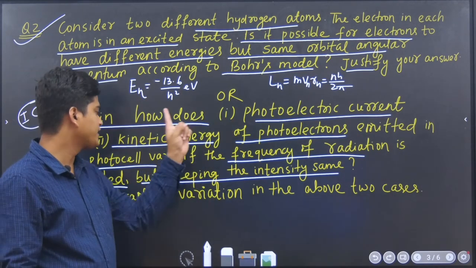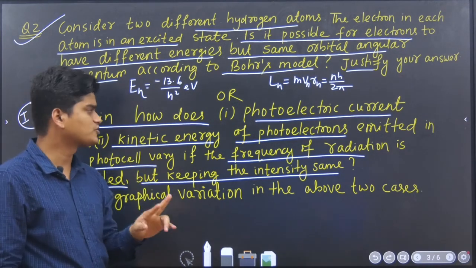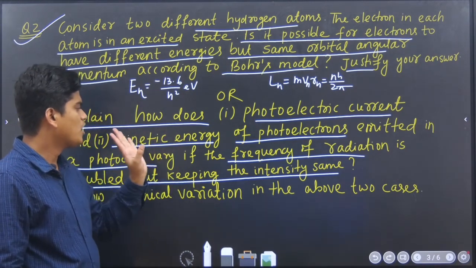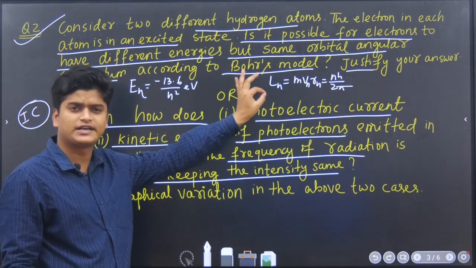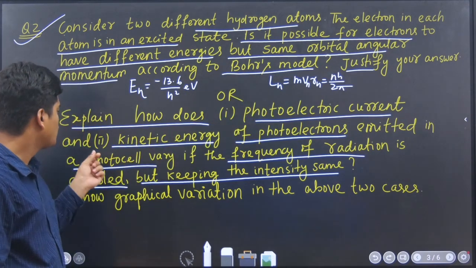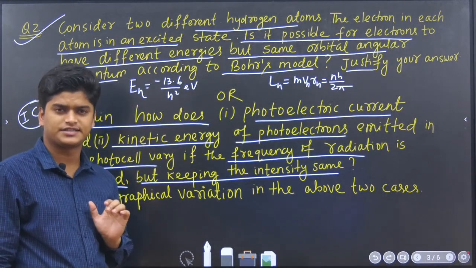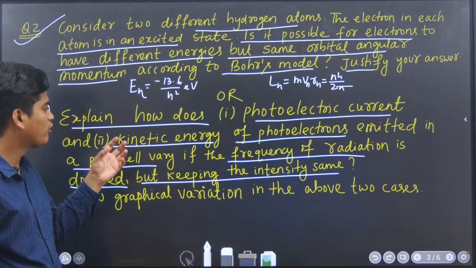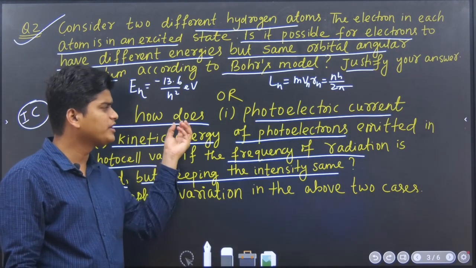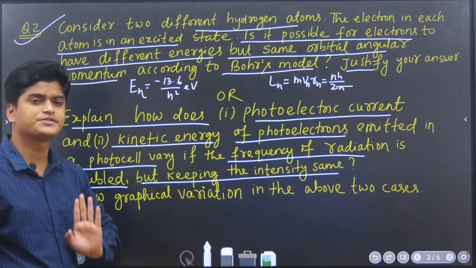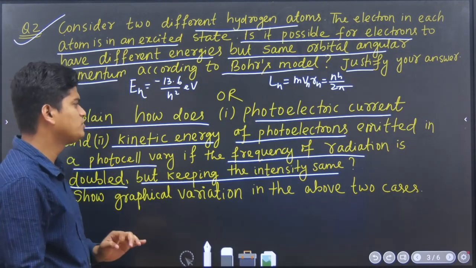It is a photoelectric effect question. So here, case I, case II, definitely you have to write. You have to explain how photoelectric current varies with the change in frequency, and also how the graph comes for photoelectric current versus frequency.